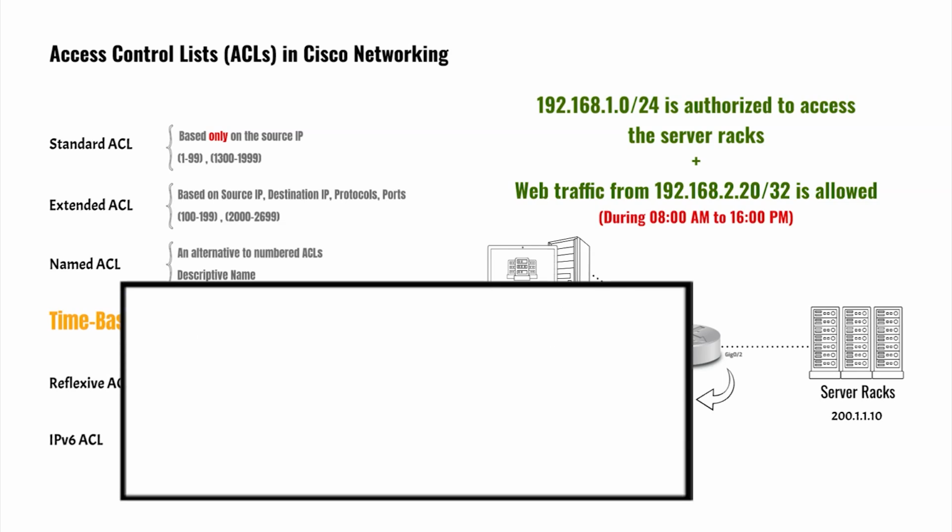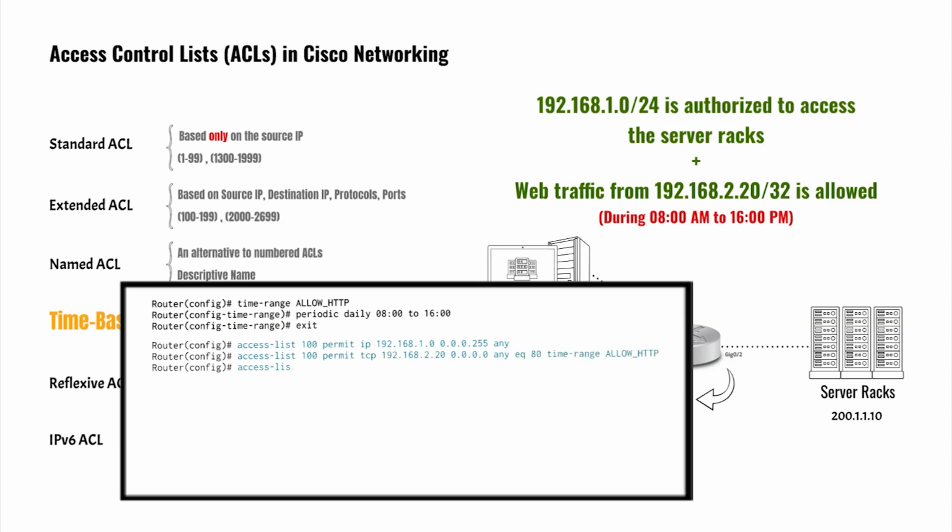The given configuration sets up a time-based ACL to control HTTP traffic from a specific host during a defined time range. First, a time range named Allow HTTP is created, specifying that it is active daily from 8 a.m. to 4 p.m.